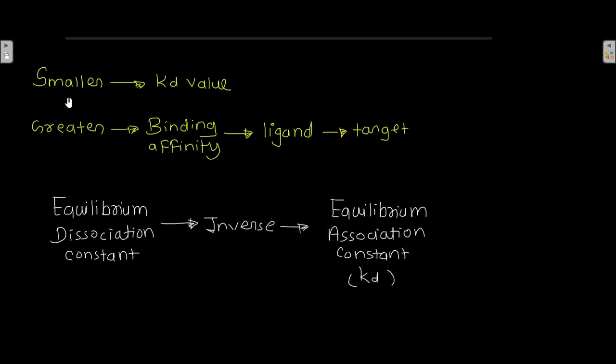The smaller the Kd value, the greater the binding affinity between the ligand and the target. The ligand will bind with more force to the target if the Kd value is small.